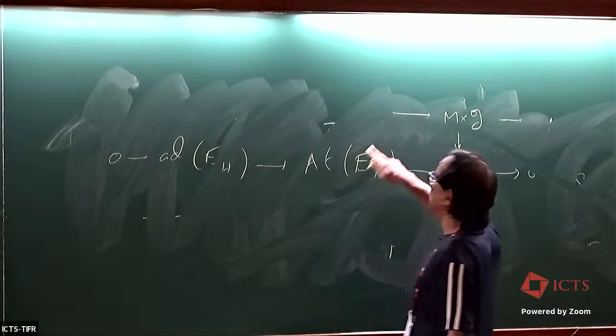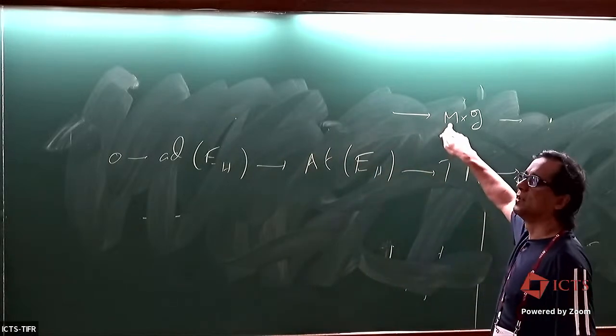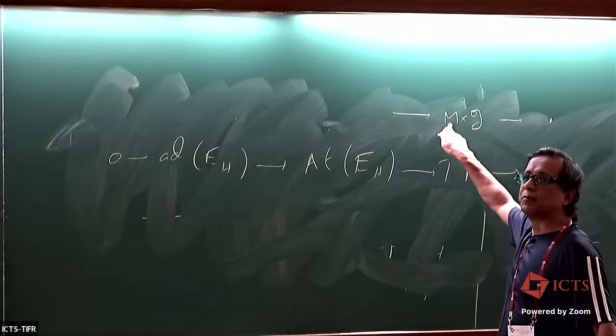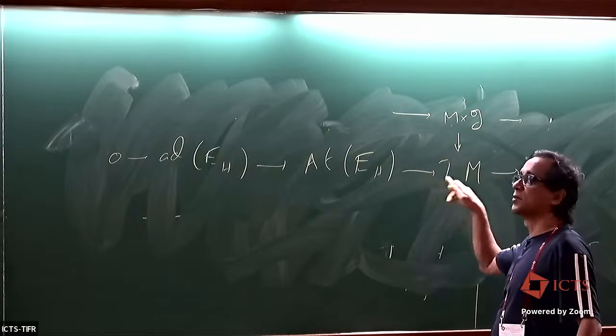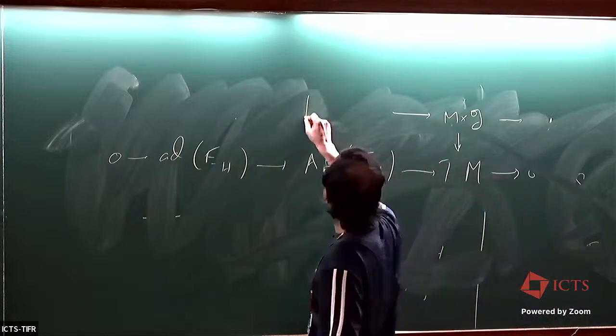Now I can pull back the exact sequence. That means I take the direct sum of this and take the subsheaf of that which goes where the two maps coincide. That is denoted by At.